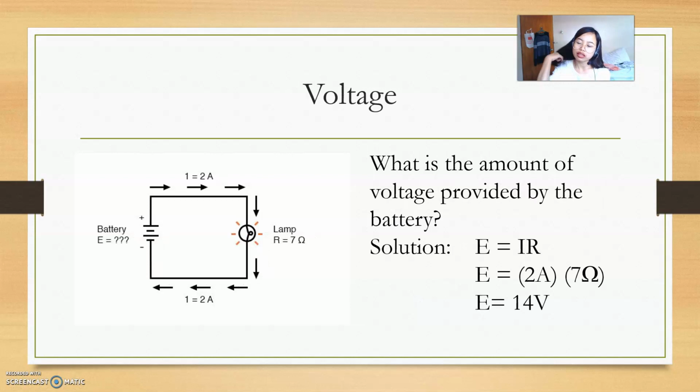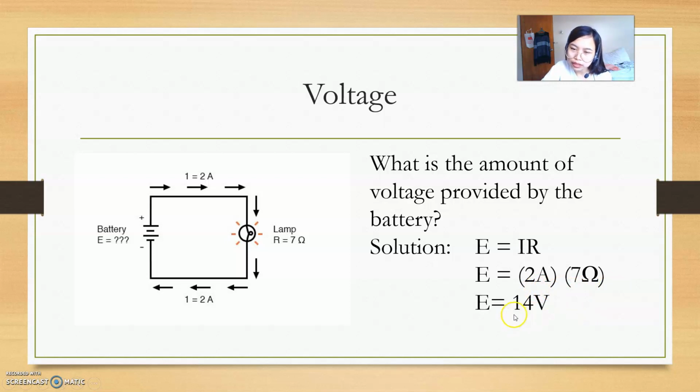Let's go to voltage. What is the amount of voltage provided by the battery? E or voltage is equal to I times R, or current times resistance. As you can see in the picture, the current is 2 amperes and the resistance is 7 ohms. So you just need to multiply the current and the resistance.